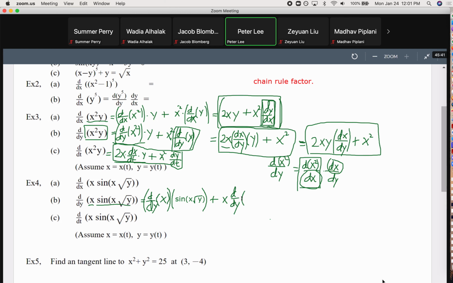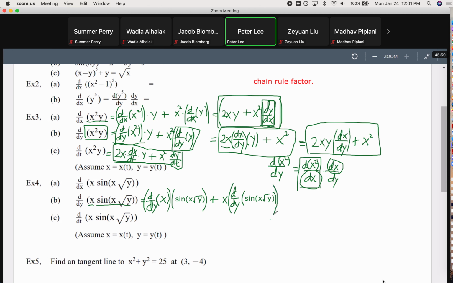So once again, let me just type this in: sine of x times the square root of y, x times square root of y. And then you have that, so that is going to be square root of y. Then we have a parenthesis here.